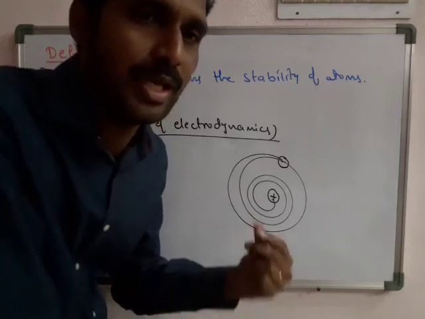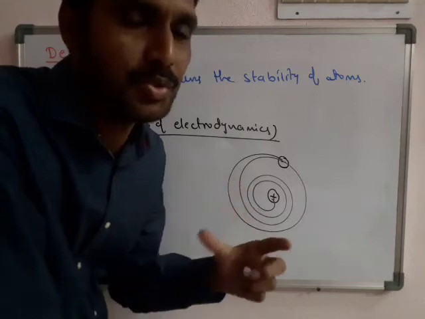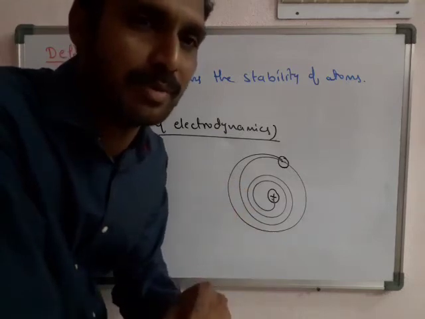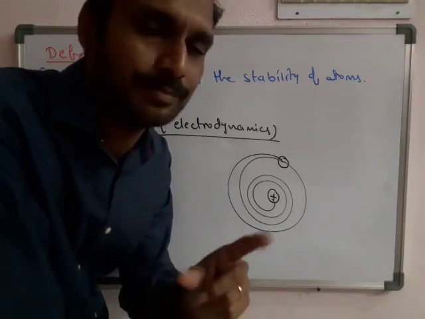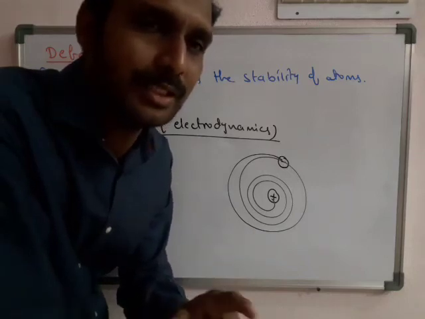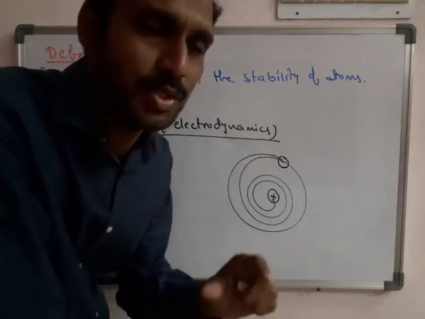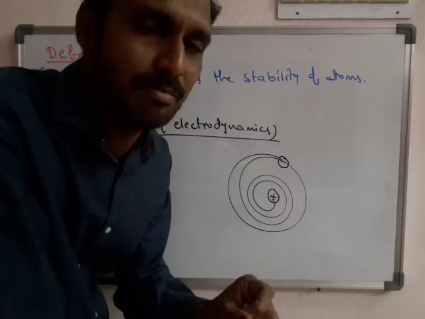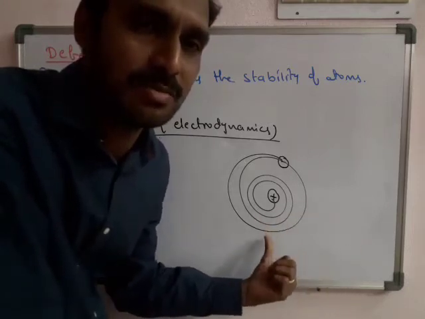It was proved in the law of electrodynamics. If you apply the law of electrodynamics, which was already famous and perfectly proved experimentally at that time, it is totally against the Rutherford concept that negatively charged electrons move around the positively charged nucleus.